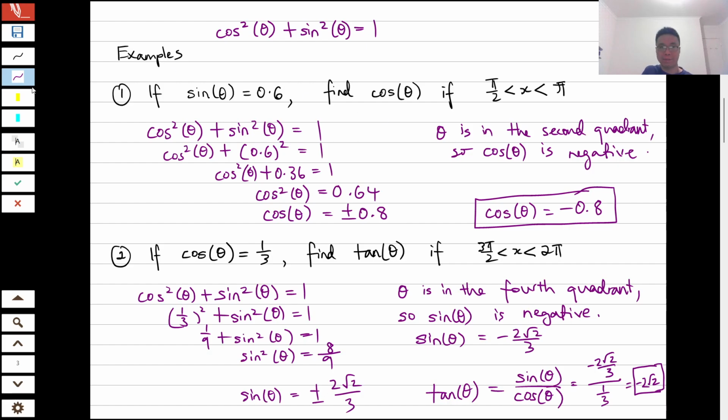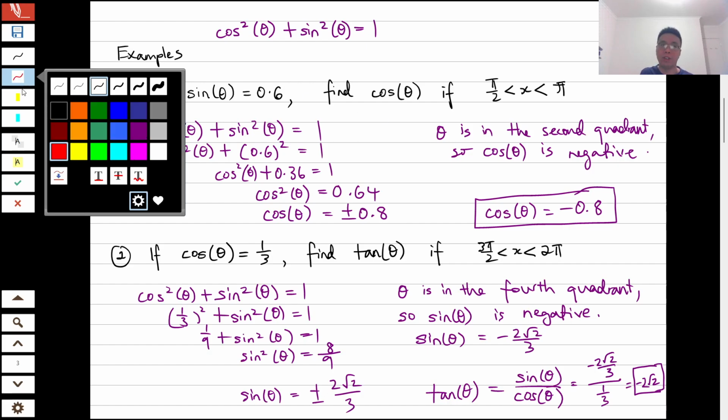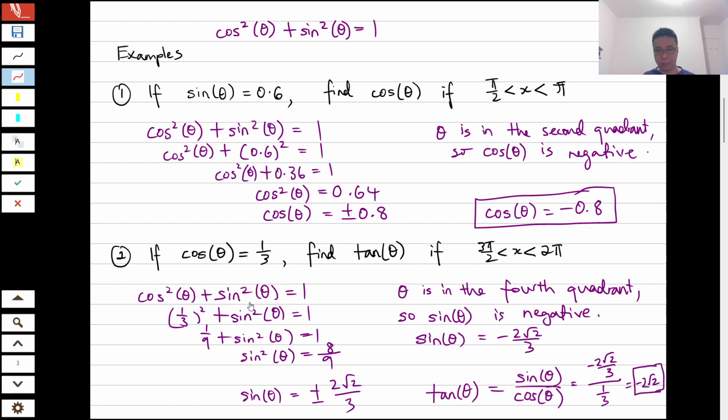Now, very quickly, if you wanted to use a really quick shortcut with the right angle triangle, again, we could say, if I draw a triangle like this, cosine of theta will be 1 on 3. And then using Pythagoras' theorem, you would take the square root of 8, and the square root of 8 is 2√2.